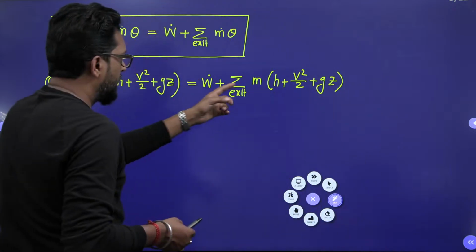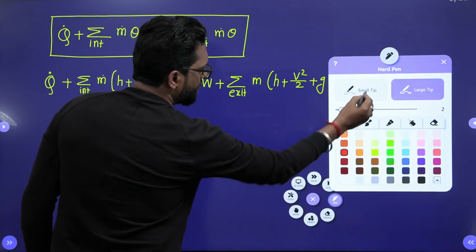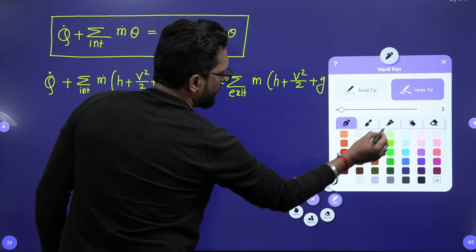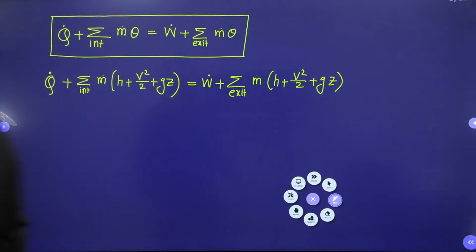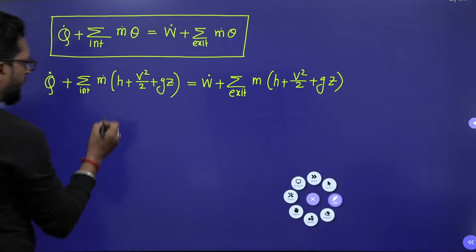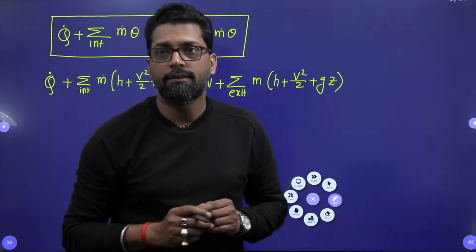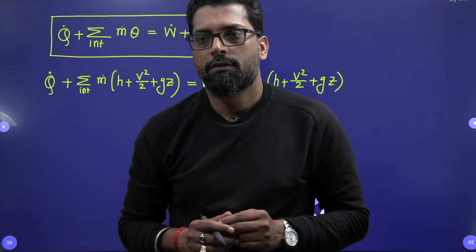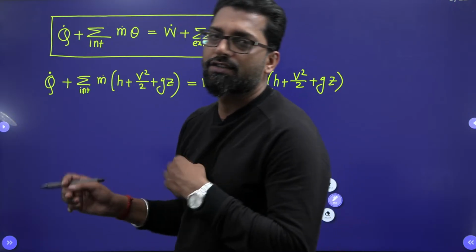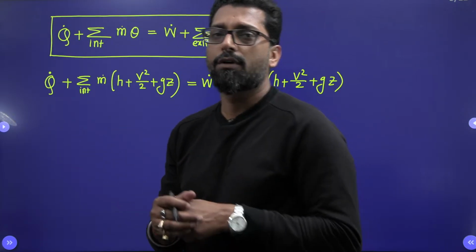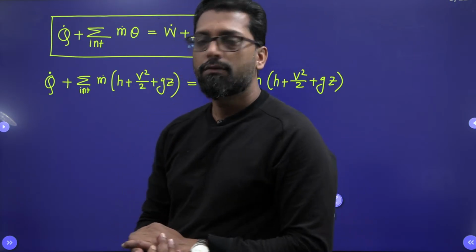So this is your m dot. Now, my dear, if there is one inlet and one exit. Yes, Atul, I will cover all the unsteady problems also. Today we will discuss steady, and I will give a little concept of unsteady, and tomorrow, in the next session, we will start the unsteady problems also.